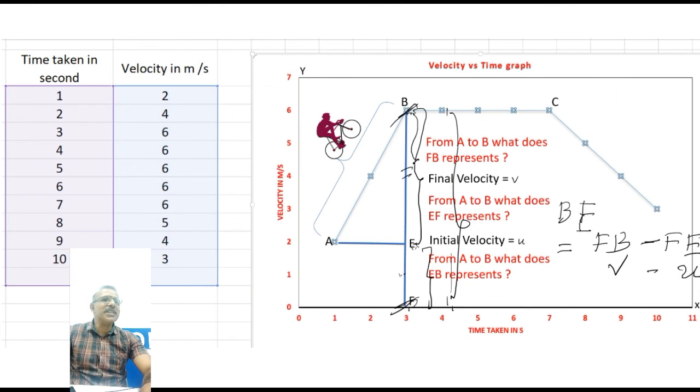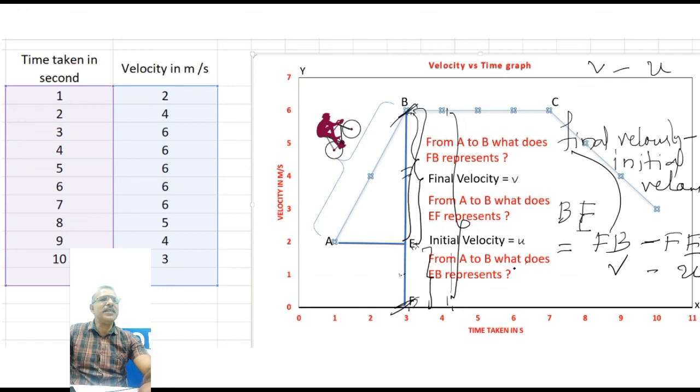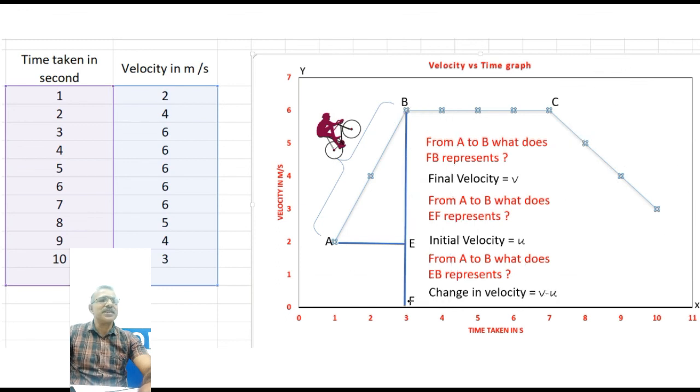So it is very easy. This particular portion represents final velocity minus initial velocity, that is v minus u. Right? So it represents the change in velocity. And what is change in velocity? v minus u. So please try to understand this.